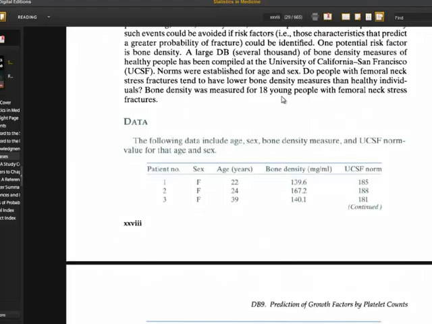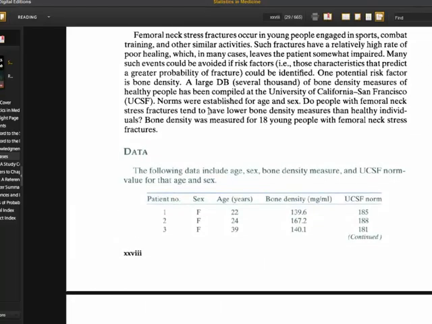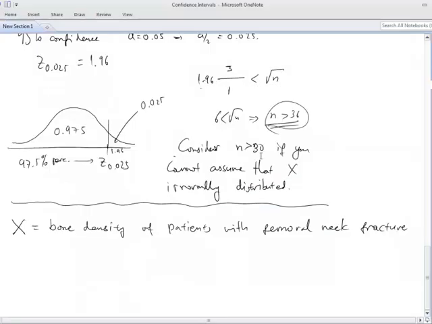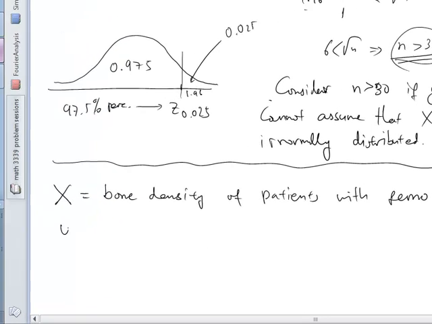I hope I didn't misinterpret the data. Bone density was measured with, okay, so all these 18 people had femoral neck stress fractures. So I'm okay the way I'm defining my random variable. Now the question is, estimate the mean of this random variable X.